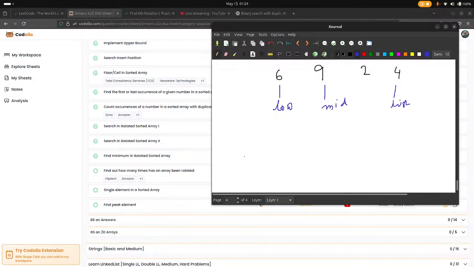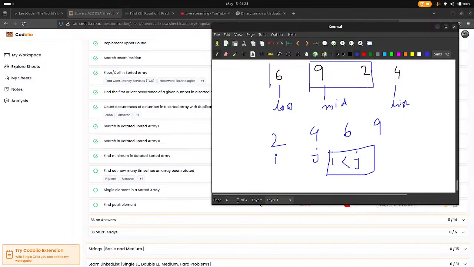Okay, so let me tell you the 2, 4, 6, 9 progression. Basically, if I consider I and if I consider J, J should be greater than I, right? But for this case, let me consider this as an uneven pair, 9 and 2.